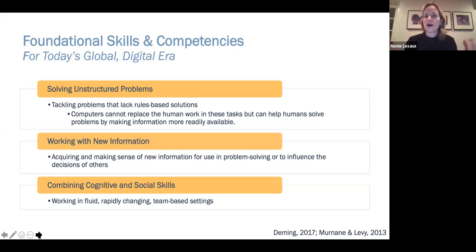We need good, strong collaboration and communication skills to work with others in our environments. And that piece around the cognitive and the social and the work in teams has been also a major revolution.